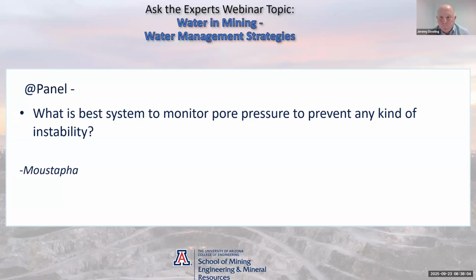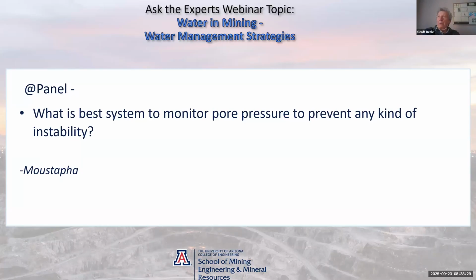Yeah, and I think, as we've said, a lot of the geotechnical instability that we have to deal with is fairly shallow to the slope, so there's a tendency just to put piezometers around the pit crest. But if you do that, they're typically too far away from where you need the information for slope stability.